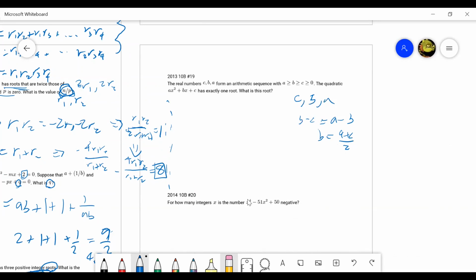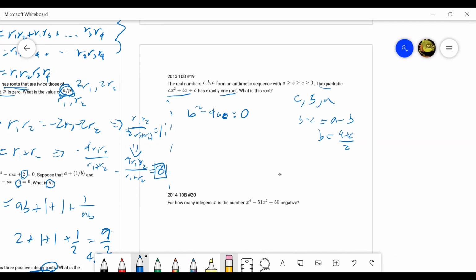And then from here, it says the quadratic ax squared plus bx plus c has exactly one root. Now this goes back to what I was talking about with the discriminant. All that this means is that b squared minus 4ac is equal to 0. And again, it's because this makes the square root part 0, which means the plus or minus is going to be plus or minus 0, which just means that both the plus and minus will result in the same number.